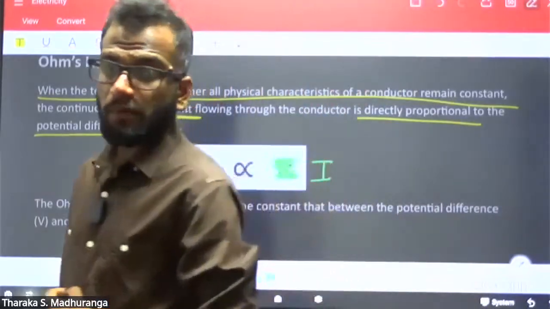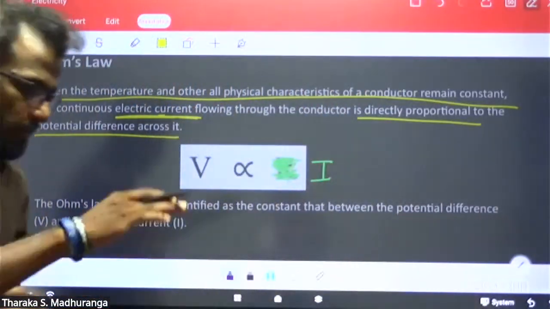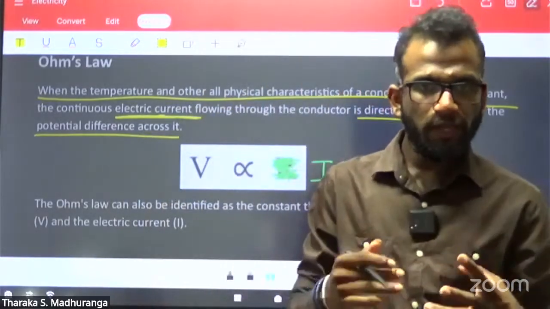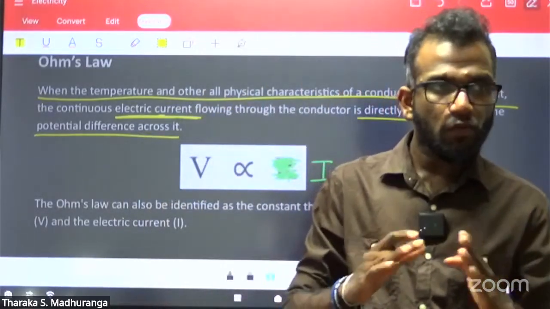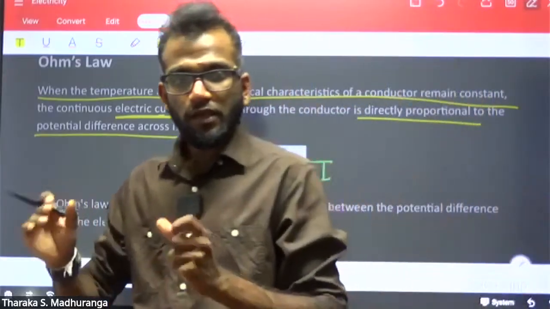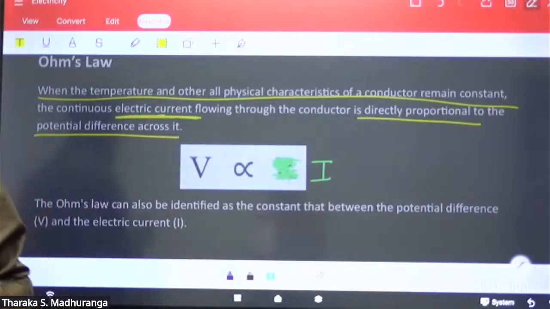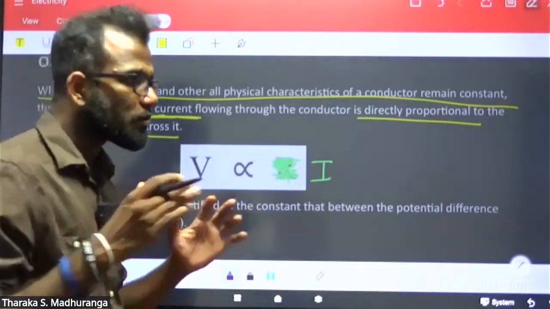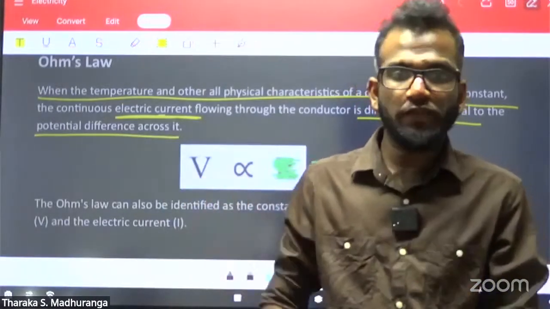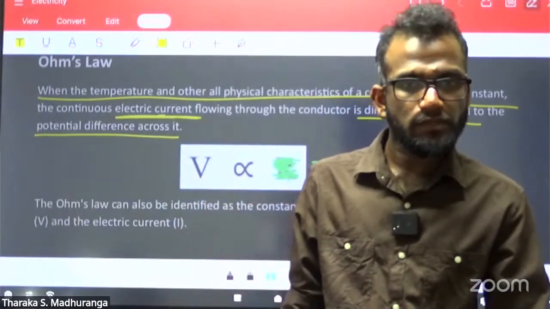Okay, I got Ohm's law. If anyone asks you to define Ohm's law, you have to explain: when temperature and all other physical characteristics of the conductor remain constant, the continuous electric current flowing through this conductor is directly proportional to its potential difference. Can you explain?